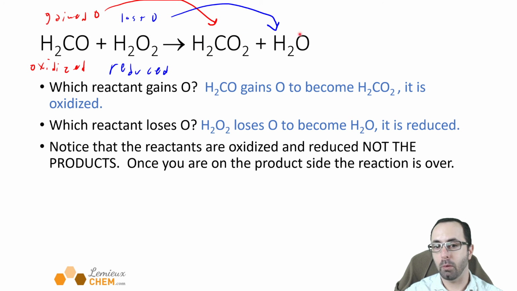We never describe the products as oxidized or reduced, because the point of saying oxidized or reduced is to say where the reaction is going, what products are going to be made. Once you're already at the products, the reaction is over. So those terms apply to the reactants, telling you what's going to happen to them when they make the products.